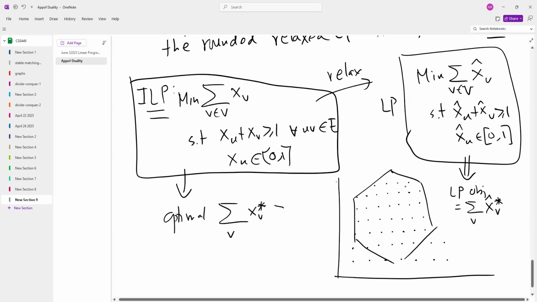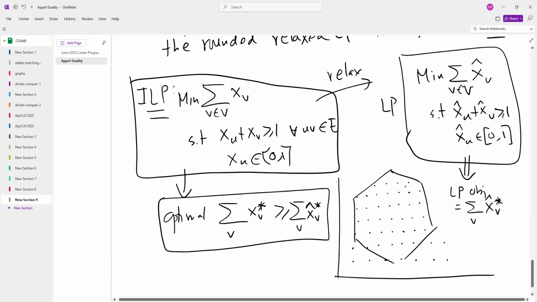Now the ILP value is going to be greater or equal to the LP value, because the LP gives me more chance to minimize. Okay, so that's one thing.